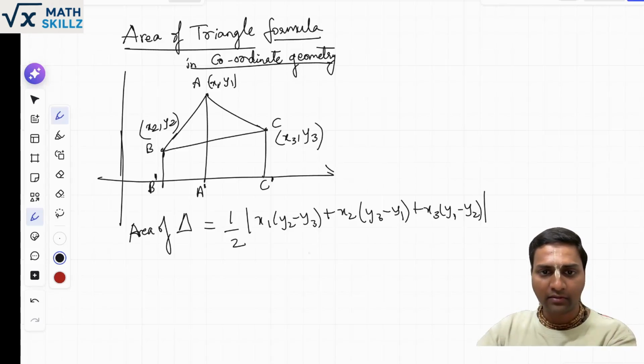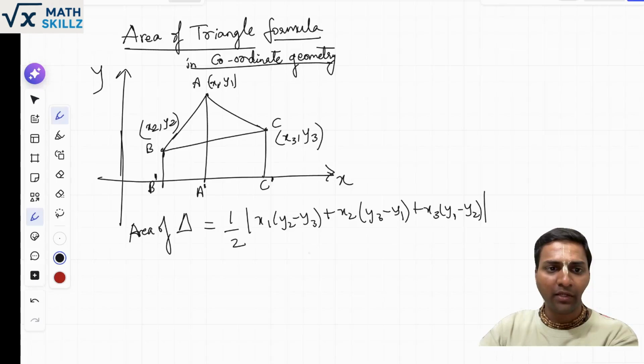This is the x-axis, the horizontal axis, and the y-axis, the vertical axis. From B the projection is B dash, from A to the x-axis the projection is A dash, and the projection of C to the x-axis is C dash.